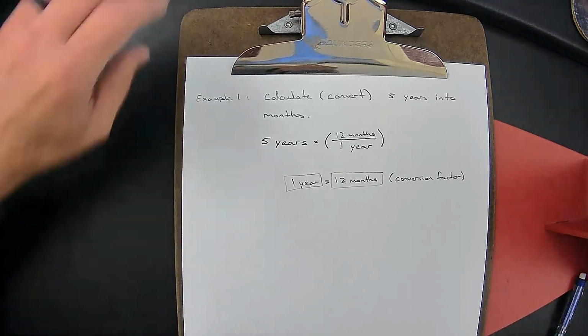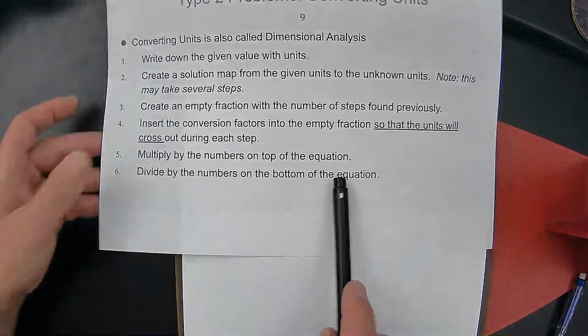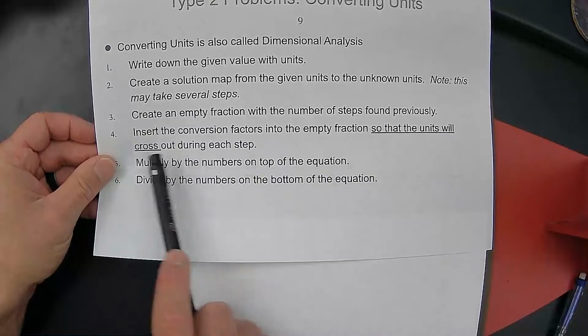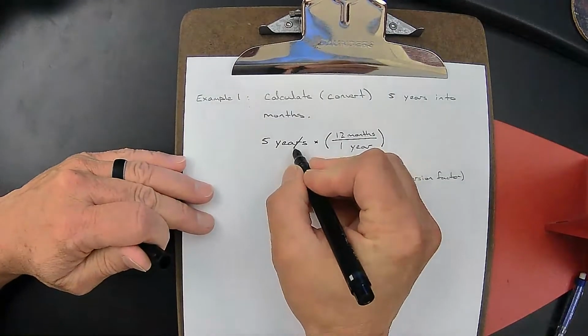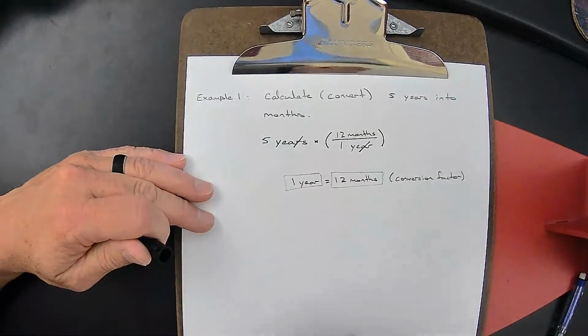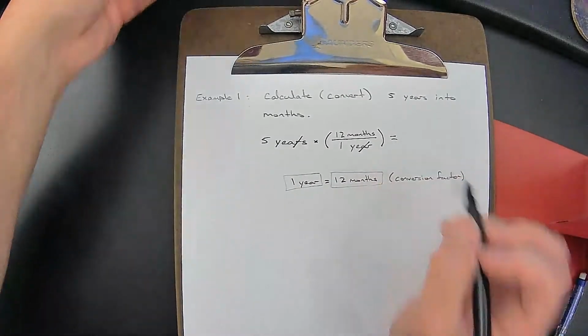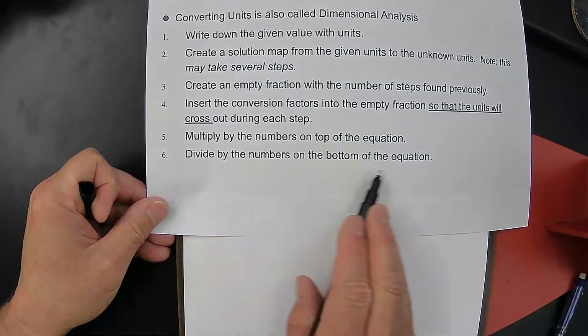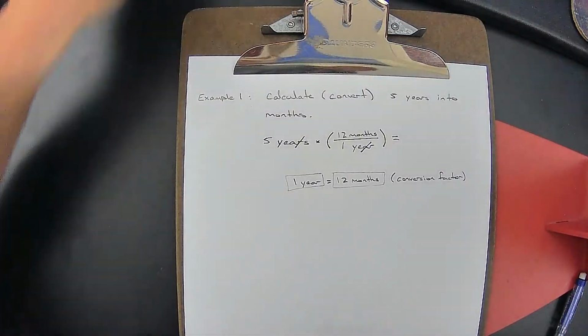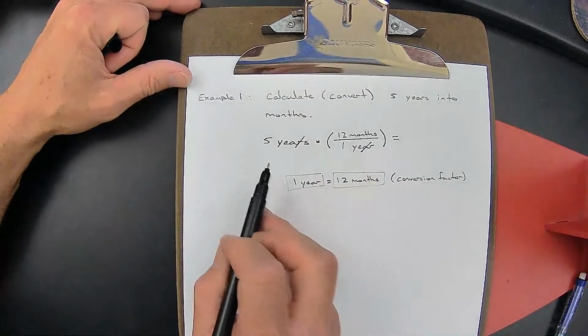The whole purpose is so that the units will cross out. So now the units of years cross out with years, and I multiply by the numbers on the top, I divide by the numbers on the bottom, and whatever units I have left stay with it.